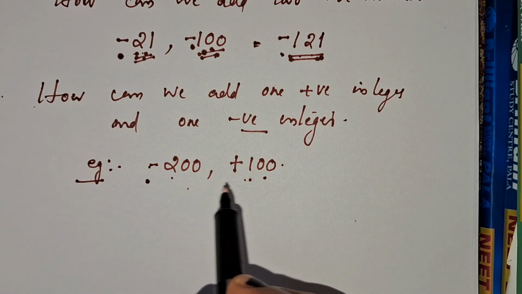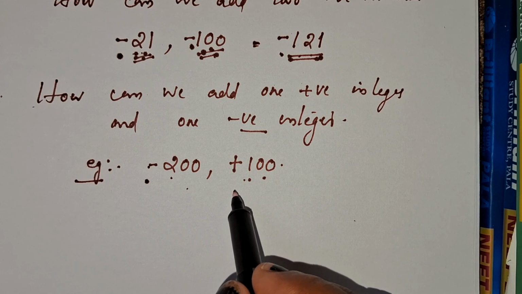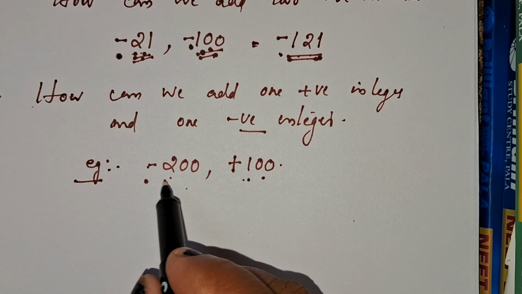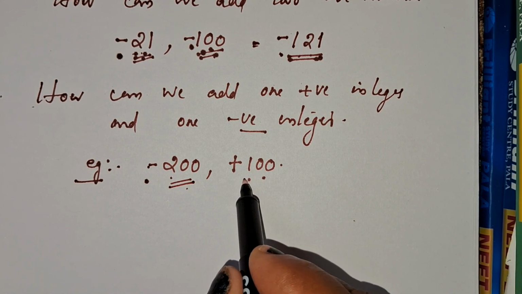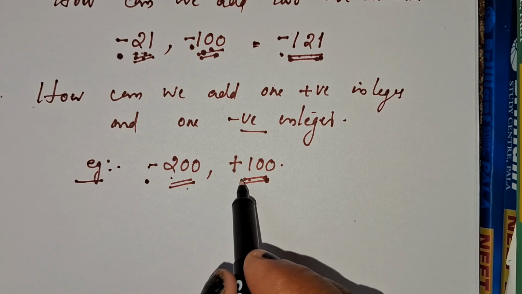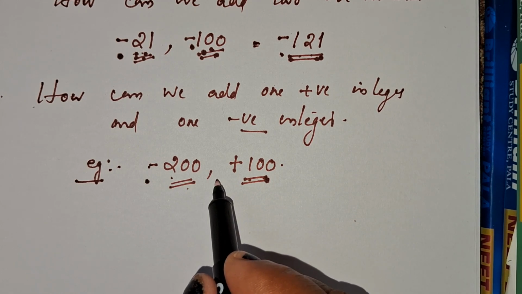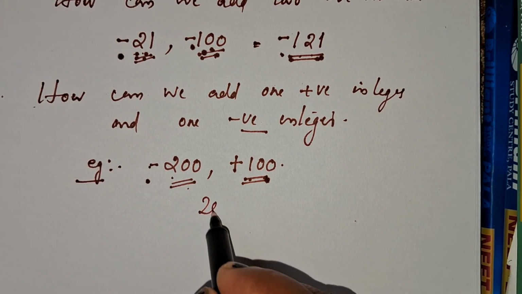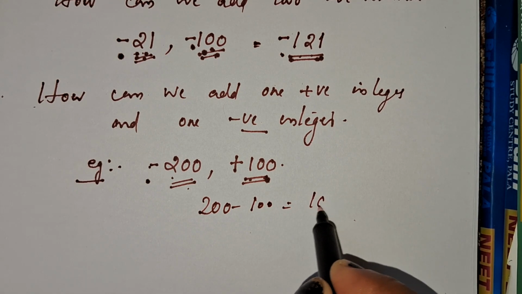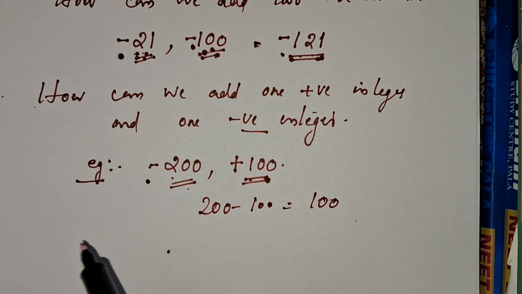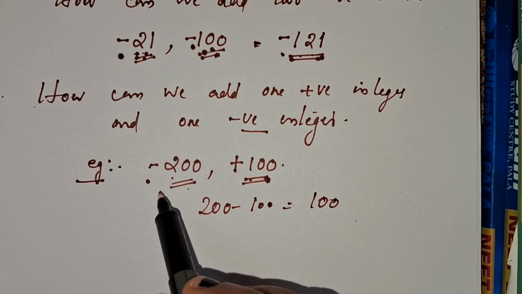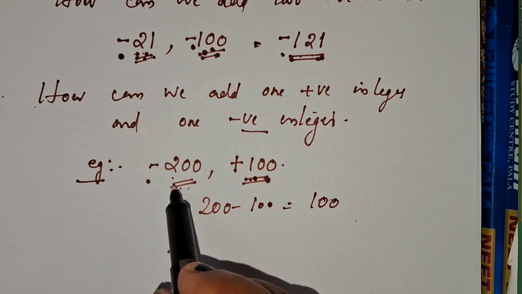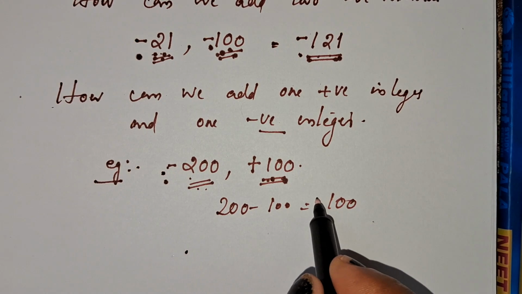Here these two numbers have different signs. So first find the difference of the numbers. Here the numbers without sign are 200 and 100. Difference means subtract: 200 minus 100 is equal to 100. Then put the sign of the greatest number. Here two numbers are given, minus 200 and plus 100. And the sign of the greatest number is minus. So I put here minus.